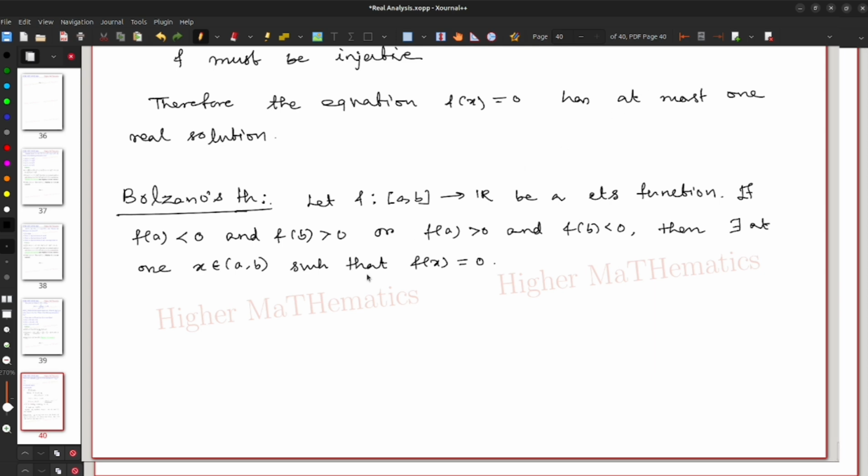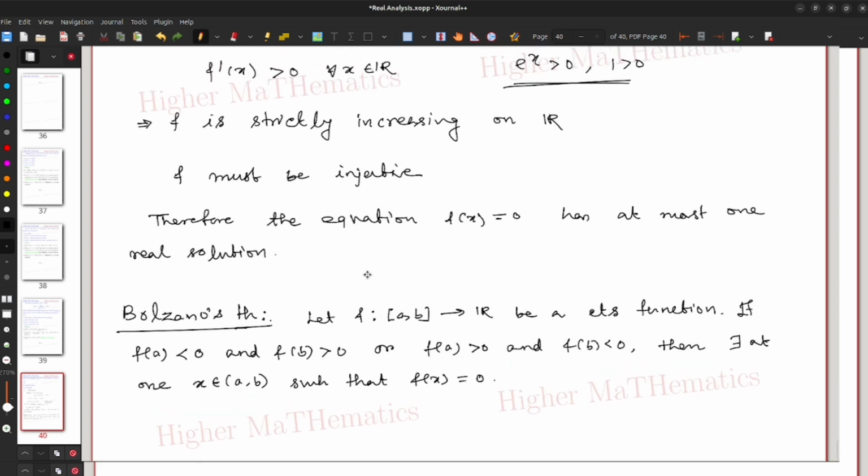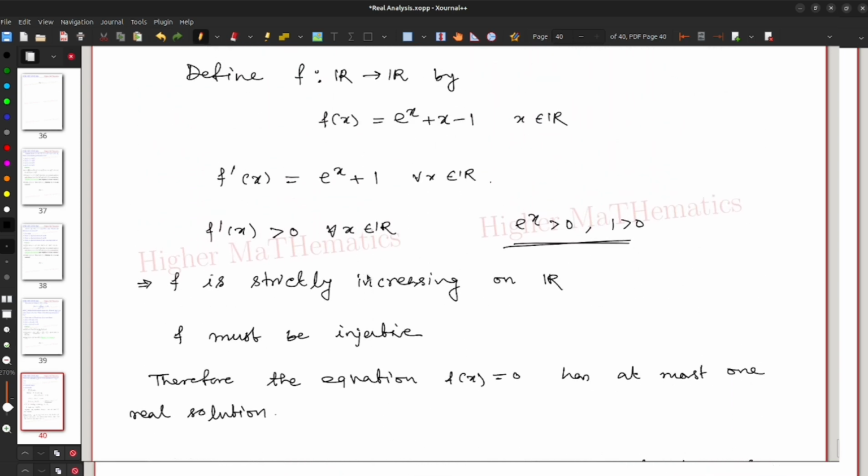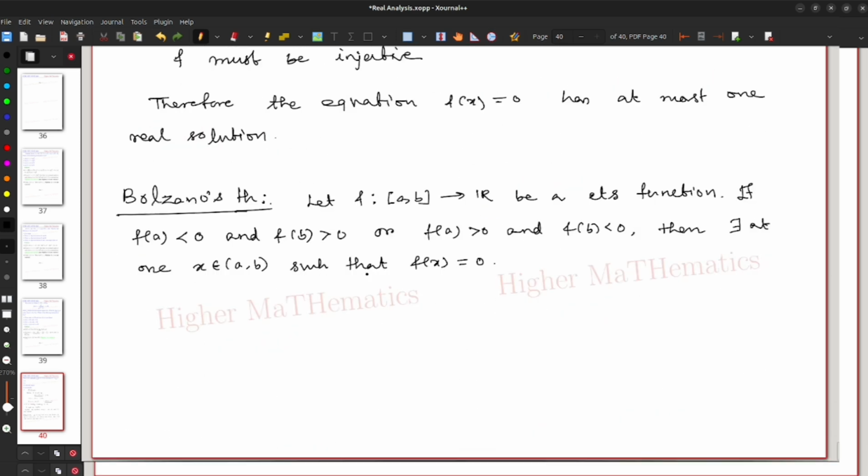I will use this theorem. Look at our function f of x equal to e to the power x plus x minus 1. Now calculate f of minus 1.